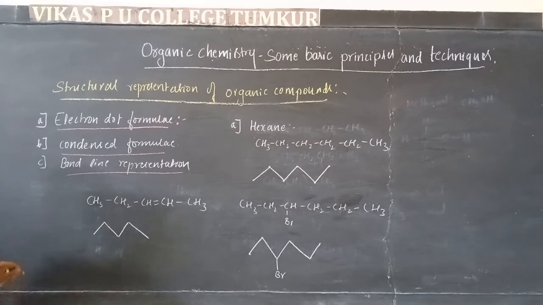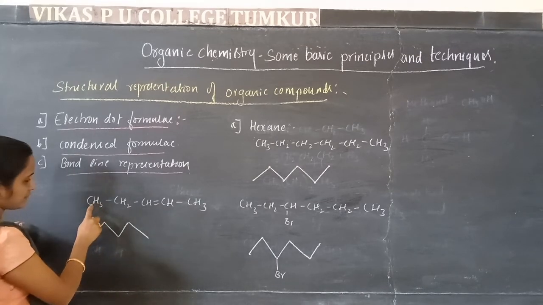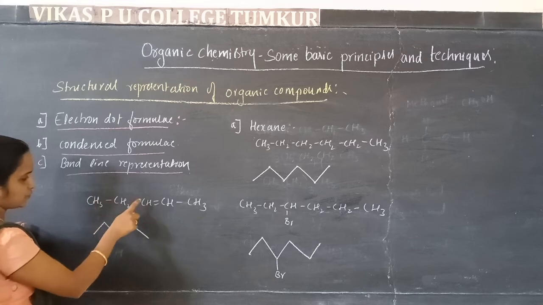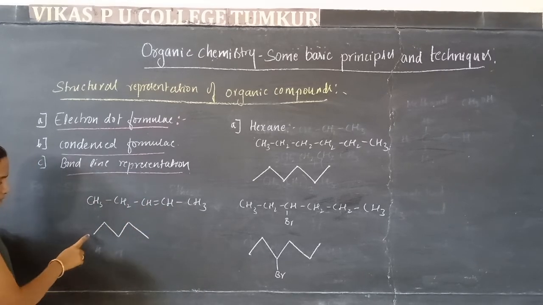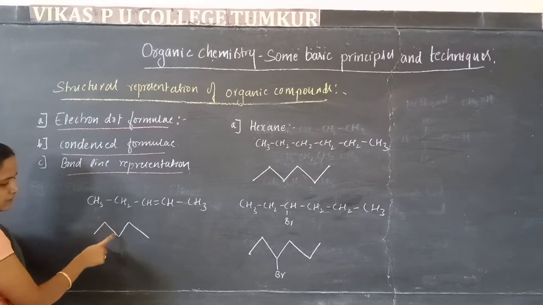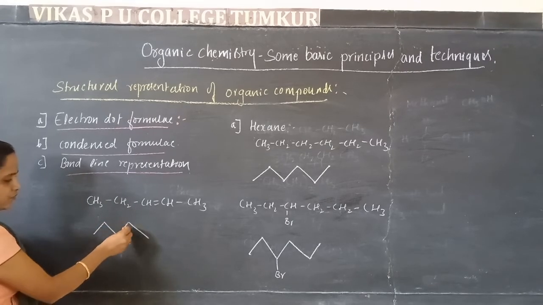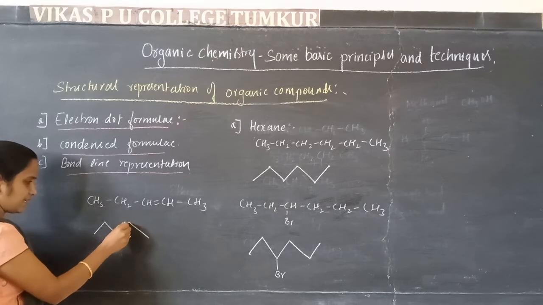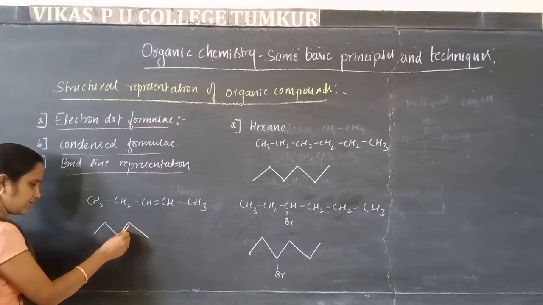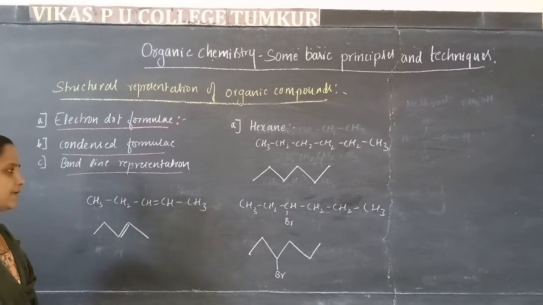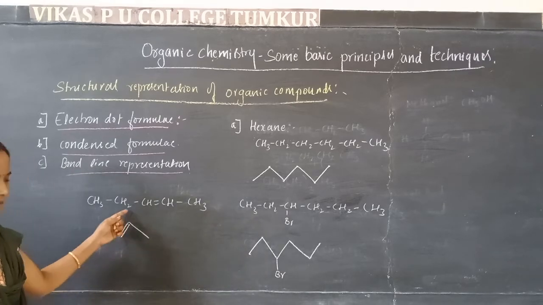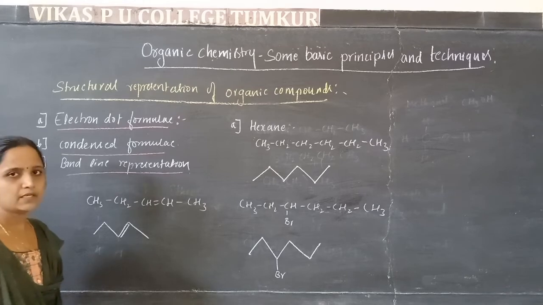Okay. Double bond: first 1, 2, 3. Third carbon and fourth carbon are consisting of the double bond. 1, 2, 3; 3 and 4. In between them is the double bond. We are going to draw another dash that represents the double bond. That indicates the bond line representation of this compound.